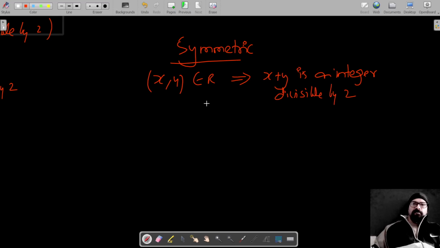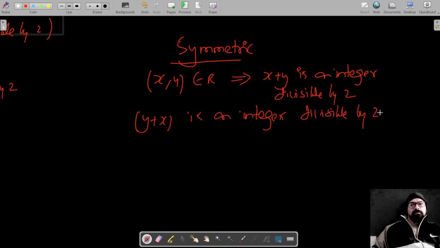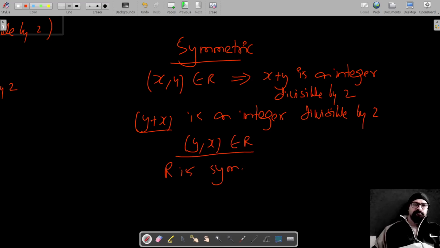So x plus y being an integer divisible by 2 means that y plus x is also an integer divisible by 2. If y plus x is an integer divisible by 2, that means y comma x belongs to relation R. And if y comma x belongs to relation R, that means R is symmetric. So this is symmetric.